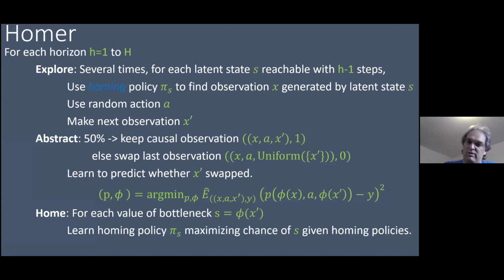And then once we have this phi learned, for each value of phi, I'm going to learn a policy which maximizes the chance of reaching that value of phi after h time steps, saying phi of x prime equals s.